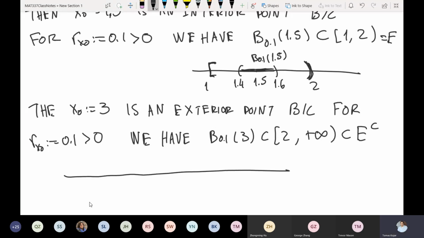So this is the picture. This is 1, 2. This is 3. This is 2.9, 3.1. And so this ball is away from E.